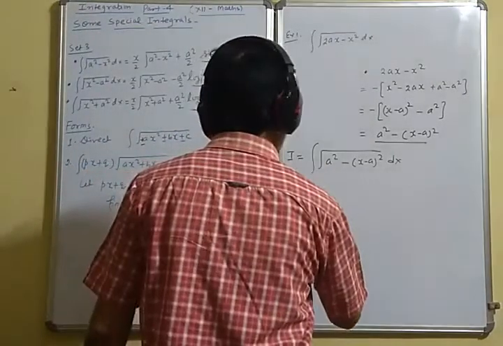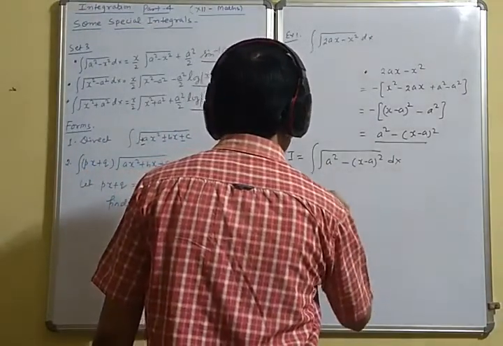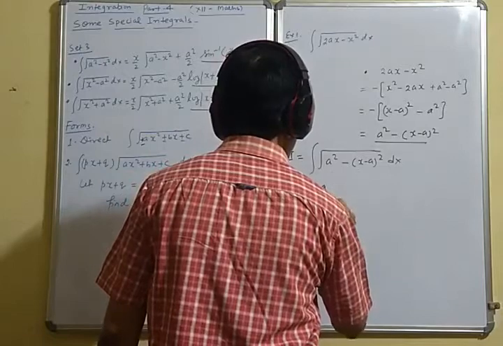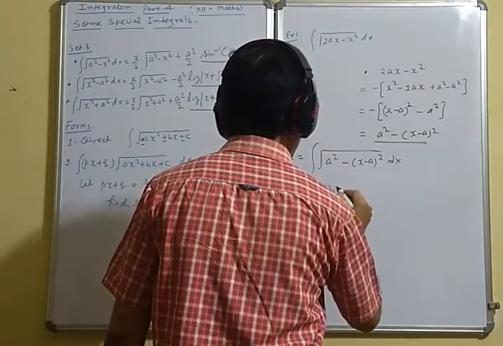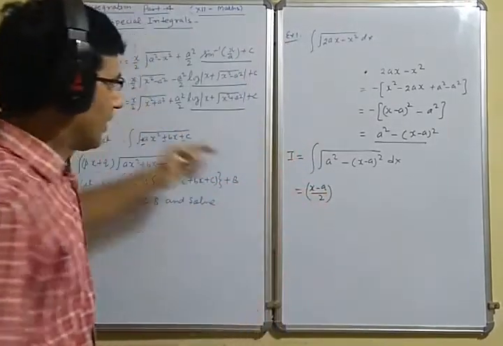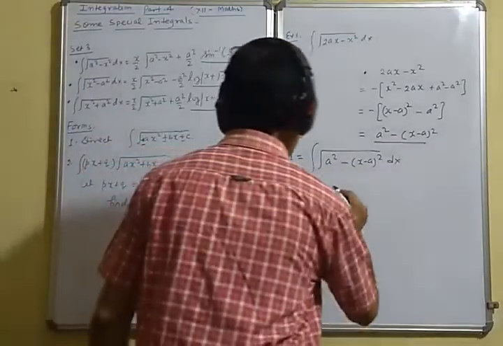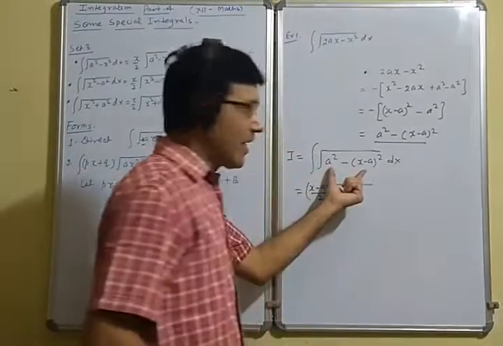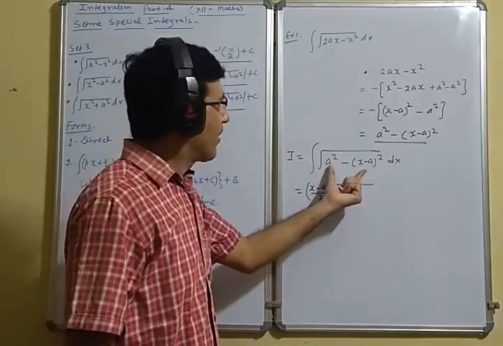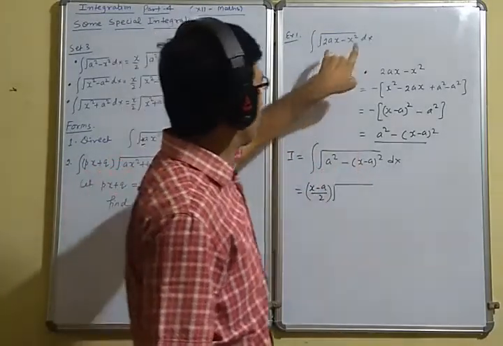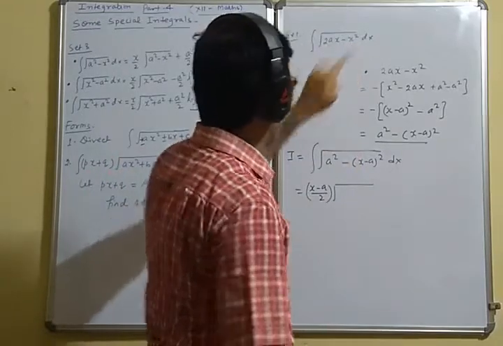So here x by 2 becomes x minus a by 2 under root a square minus x minus a whole square, and that is nothing but 2ax minus x square.